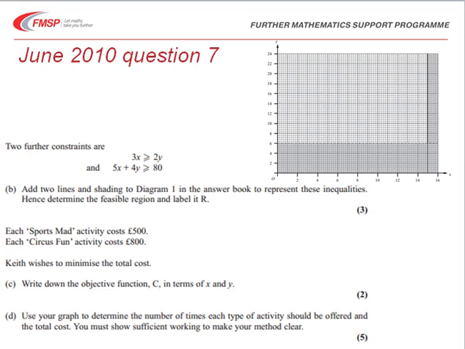So we then need to find an objective function for C, the cost, in terms of X and Y, and use our graph to determine the number of times each type of activity should be offered and the total cost when we do that.